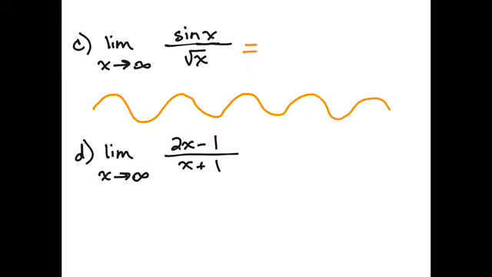So my numerator is going to be a number somewhere in between plus or minus 1. Okay, so it's a small number, and we're dividing it by the square root of infinity. Well, square root of infinity is still infinity. Okay, so we get 0.